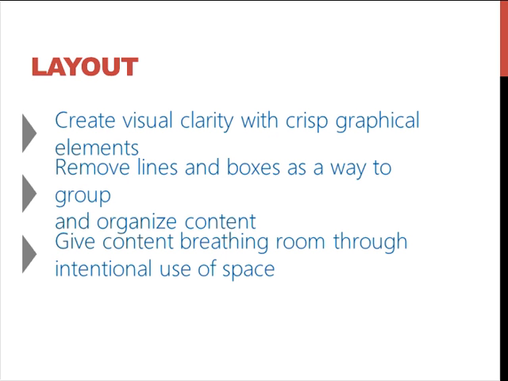We can do that by removing lines and boxes. We can do that by just adding in white space even. An intentional use of space. For example, if you want two tiles to belong together, you just put them together with a little bit of white space in between.